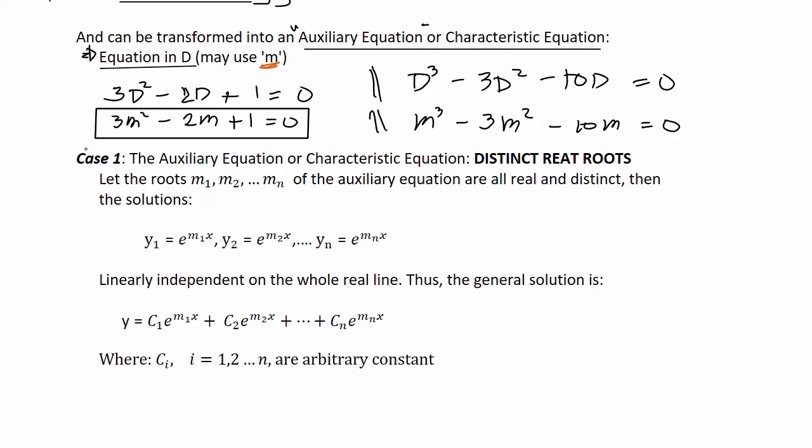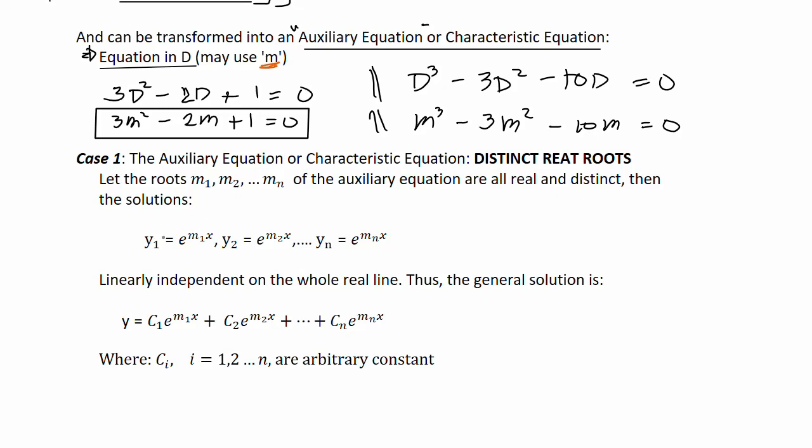Okay, so this linear homogeneous differential equation has three cases. For this topic, we will discuss case one, where the auxiliary equation or characteristic equation has distinct real roots. For case one, let the roots m sub 1, m sub 2, up to m sub n of the auxiliary equation be real and distinct.